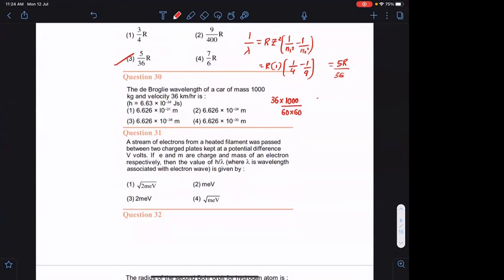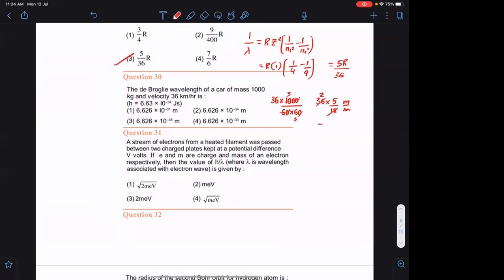Or else you can multiply kilometer per hour by 5 upon 18. ये आप लोग अपने 10th में या 9th में कुछ पढ़ा होगा. If you multiply that by 5 upon 18, you will get the answer in meter per second. इसका simplification किया तो आप लोग को 25, 3 times 6 3 is 18. Okay, 5 upon 18. Agreed.